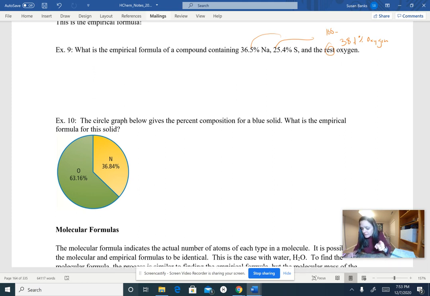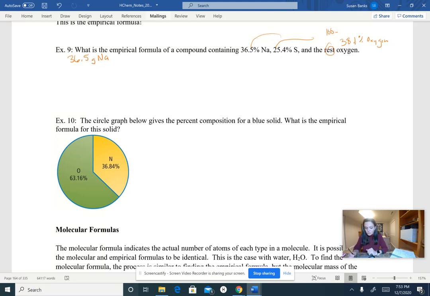The next thing we have to do, we're going to pretend like we've got 100 grams of this stuff. So if I've got 100 grams of this stuff, that means I have 36.5 grams of sodium, 25.4 grams of sulfur and 38.1 grams of oxygen.